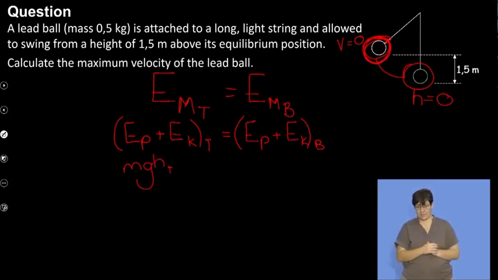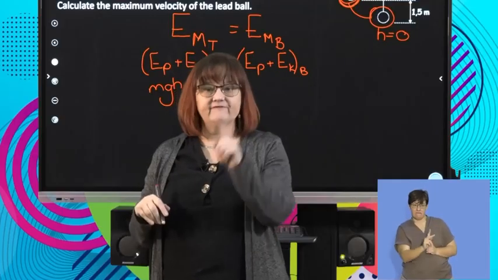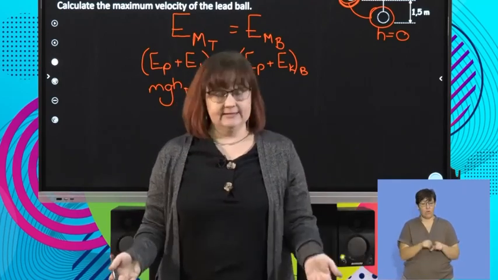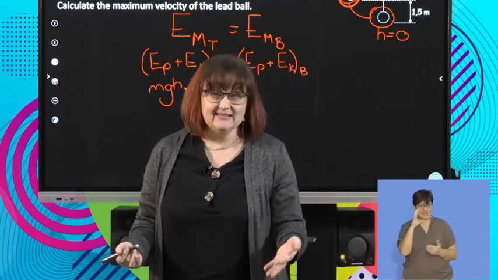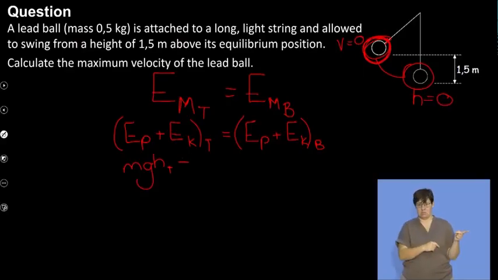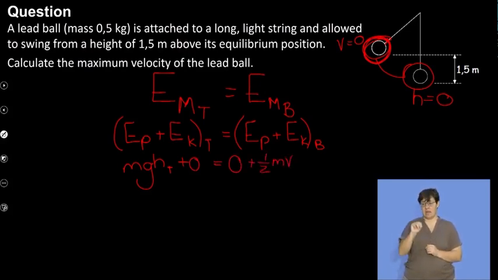Now, I know kinetic energy is equal to a half mv squared, but I also know the velocity is 0, which means that the kinetic energy at the top is 0. That's going to be equal to the potential at the bottom is 0 plus a half mv squared.